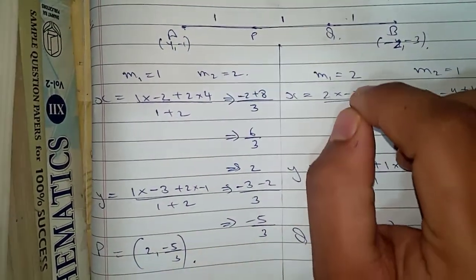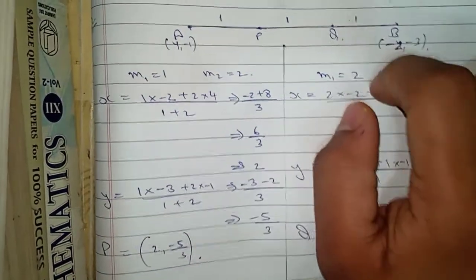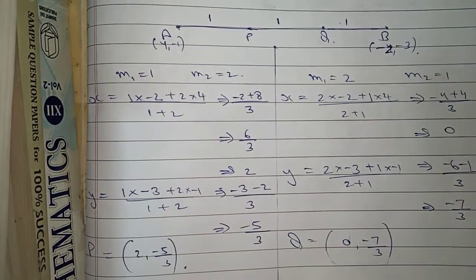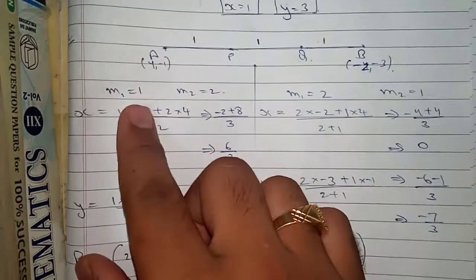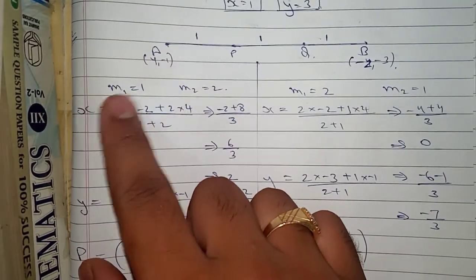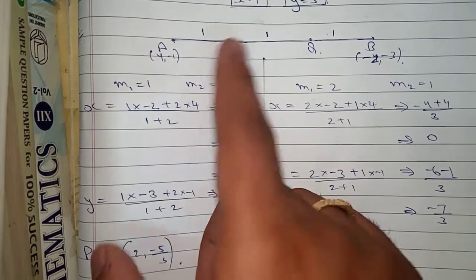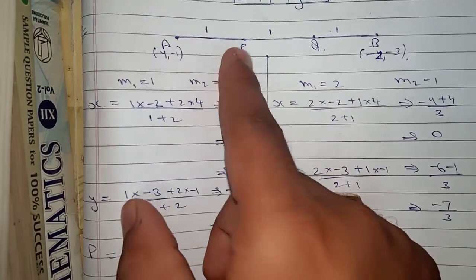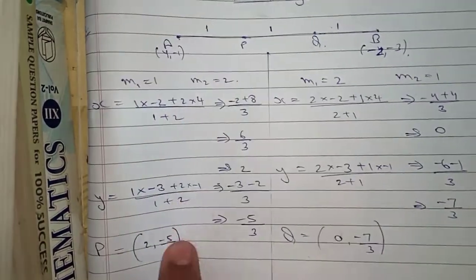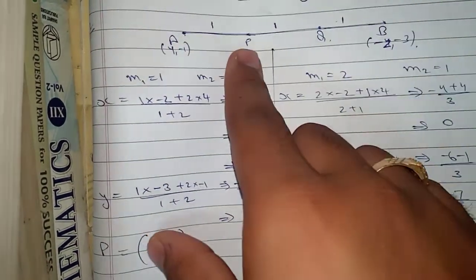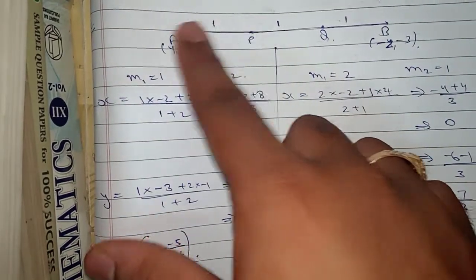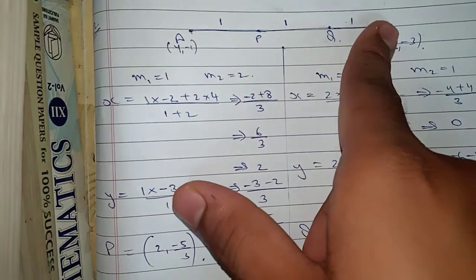Now one more thing. What is m? This is the main question. What is m? m1 and m2. m1 is what? Look at that. This is the point P, this is the point Q. For the point P, the left hand side is called m1 and the right hand side is called m2.